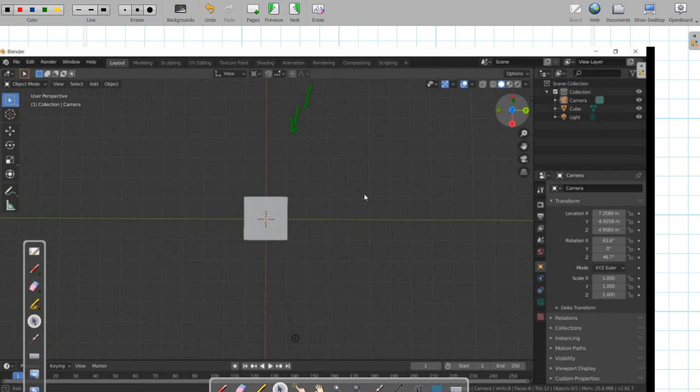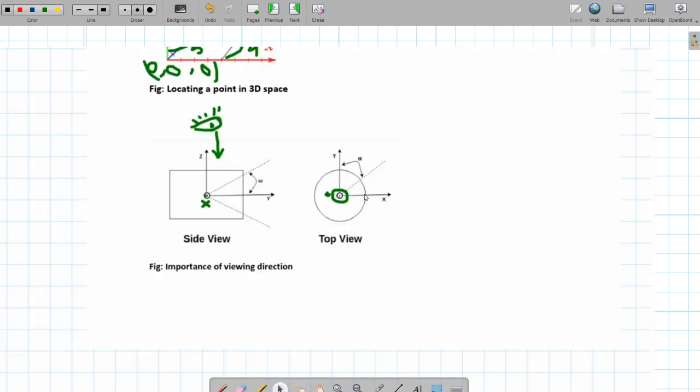You can see the x-axis and y-axis, and it seems like our well-known two-dimensional coordinate system. This is the top view. Now I think this top view and side view make sense to you.